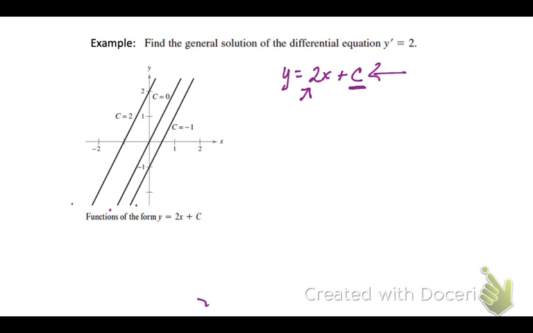But these lines are all parallel because they have the same slope, and it changes where it hits the y-axis. Now, it's very general. It's a linear equation. You will deal with square roots and cubic and quadratic today, but I wanted to show you that's what happens.